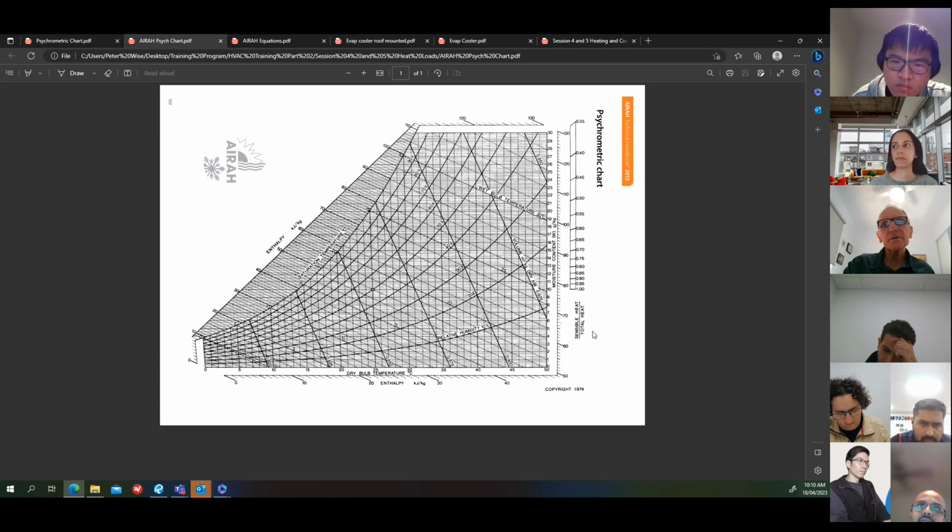Over on the right-hand side here is a sensible heat factor, which is the sensible heat over the total heat. Some of these things mightn't mean much to you at the moment, so just be aware of it.